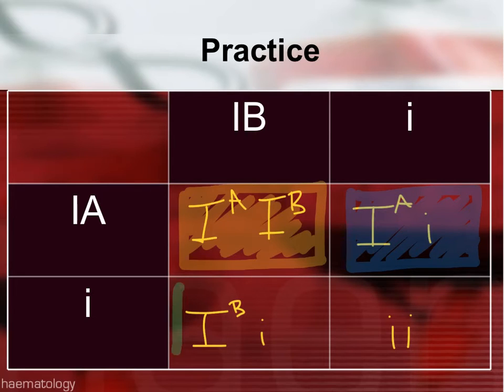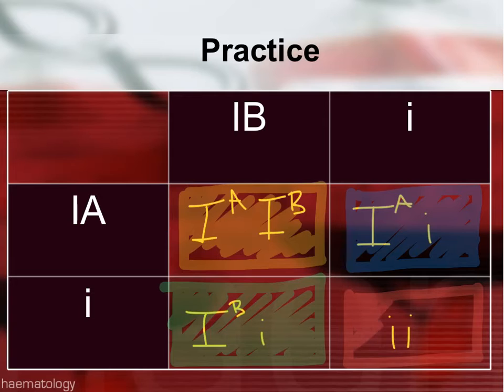Down in this corner, it's the same situation, except we have B instead. So the child could have a type B blood, because B is dominant over O. And finally, in our bottom right corner here, we have two little eyes. And whenever we have two little eyes, we know that it's type O, because they're two recessive alleles.